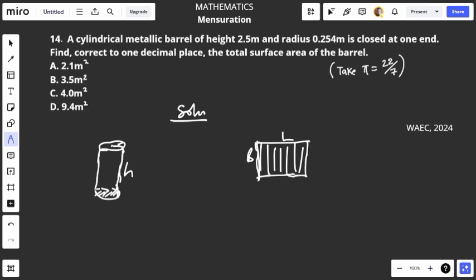At the bottom they said it is closed at one end, which means one end is open. Let's take the bottom to be the closed one. So the total surface area will be the area of the closed bottom, which is the area of a circle, pi r squared, plus the area of the curved surface.